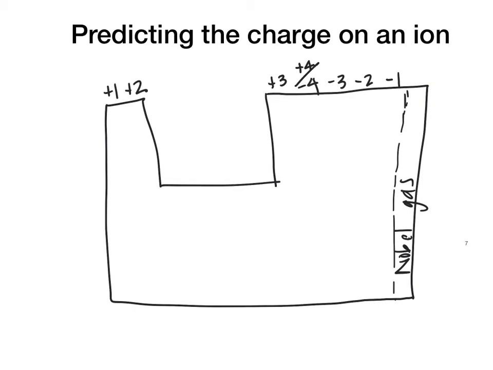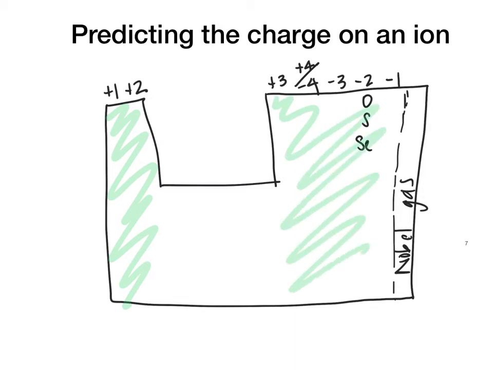So for the charge on an ion, if we look here, we have oxygen, sulfur, selenium. All three of these prefer to acquire two extra electrons when they become an ion. That's what we see. All of the elements in these components follow these rules.